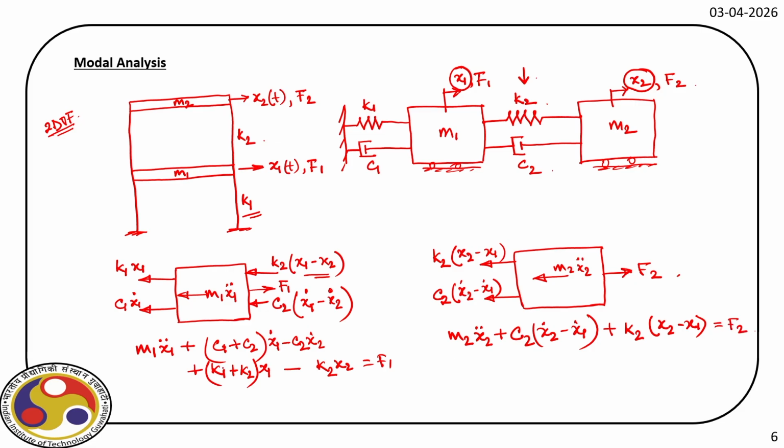So that is the second equation. So this is our first equation and here we have our second equation. Because we have a 2 degree of freedom system, we have 2 equations of motion.